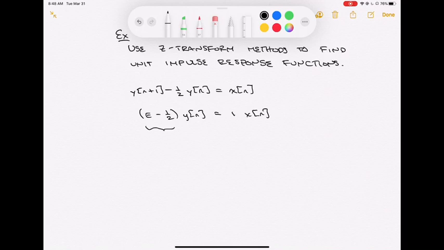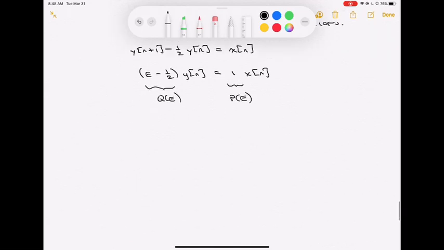The e minus a half is my q of e. The 1 is my p of e. And I have a standard form constant coefficient linear difference equation. I would like to find the unit impulse response. We had methods in chapter 3 to do this. I'd just like to do it with my knowledge now of transfer functions.